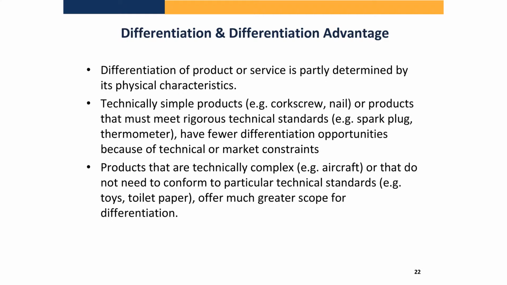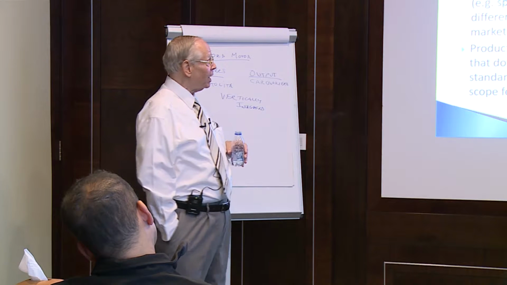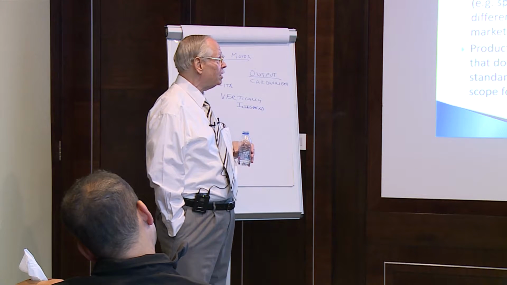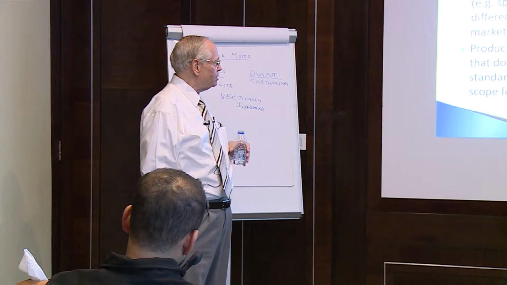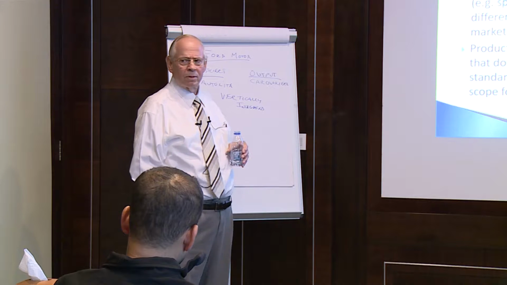Products that are technically complex, such as aircraft, or that do not need to conform to particular technical standards, such as toys or toilet paper, offer much greater scope for differentiation. So airplanes, aircraft, you can have a lot of differentiation. Toys, toilet paper. Is there a lot of differentiation with toilet paper?